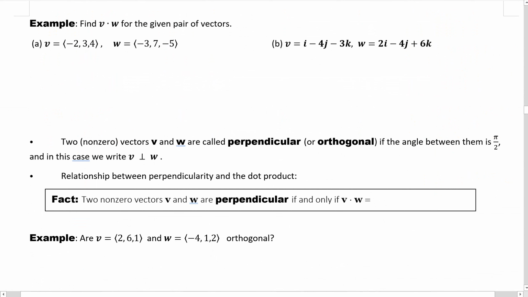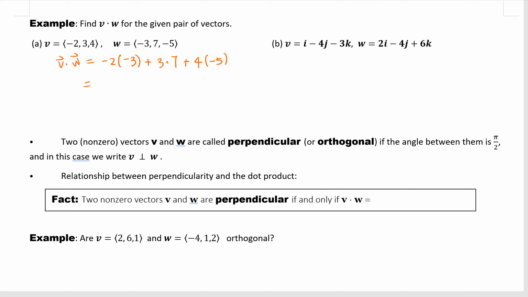Alright, let's look at some examples. Find v dot w for the given pair of vectors. Okay, so let's look at the first one. V dot w is minus 2 times the first coordinate of w, which is negative 3, then we have 3 times 7 plus 4 times minus 5.